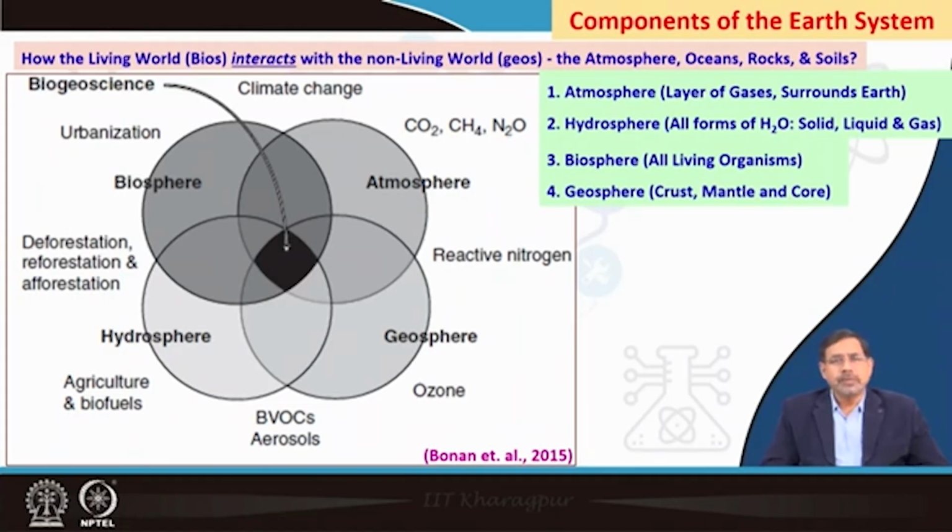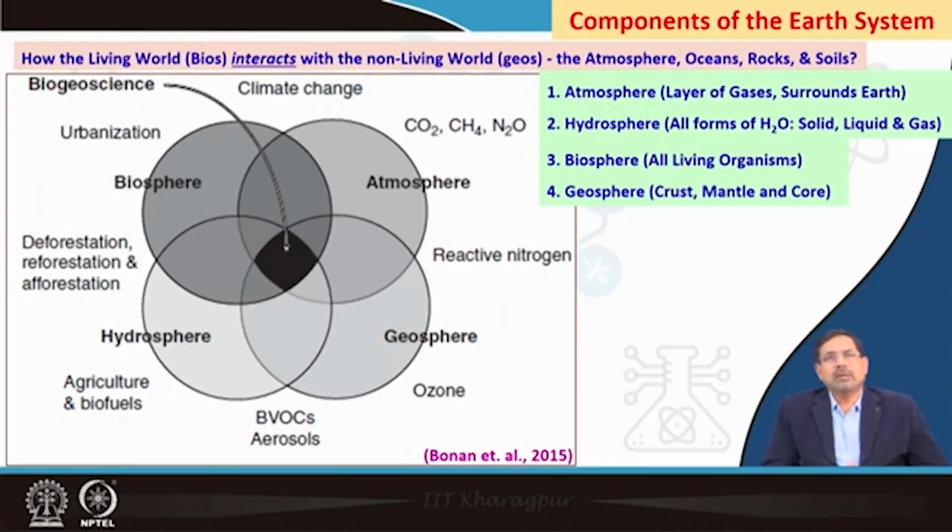As we already know, bio is for biological systems, atmosphere for atmospheric phenomena, hydro for water related things, and geo for the earth or earth science, particularly the geological features. And the various phenomena which dominantly regulate, operate or impact these 4 spheres are mentioned here.